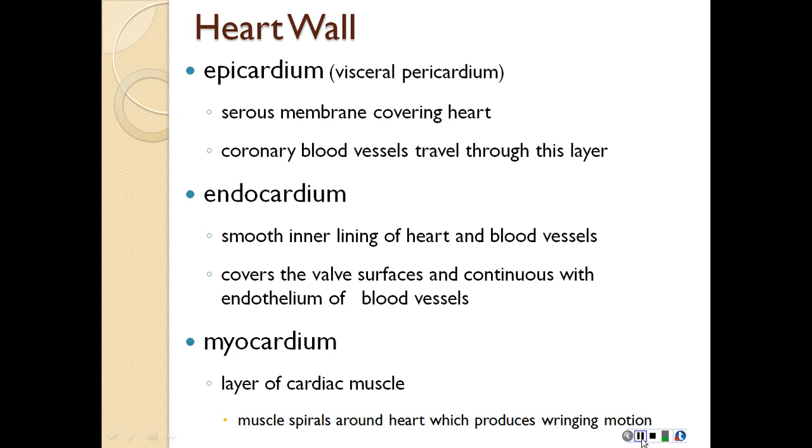Okay, and then myo, what does the prefix myo refer to? Muscle. Good. So the myocardium refers to the middle layer of the heart, which is really the bulk of the heart. So most of the heart is myocardium, and the cardiac muscle is referred to as the myocardium of the heart.